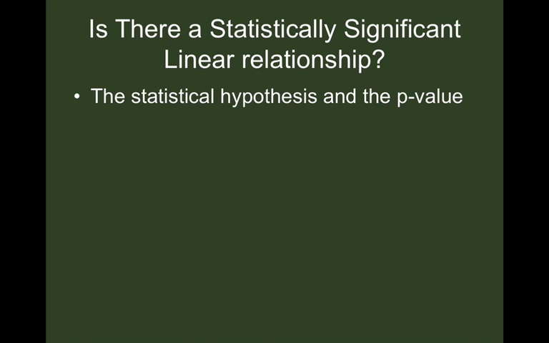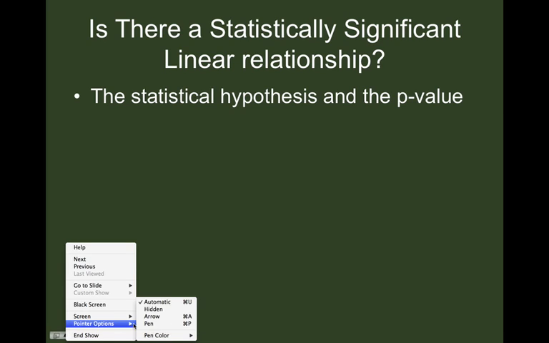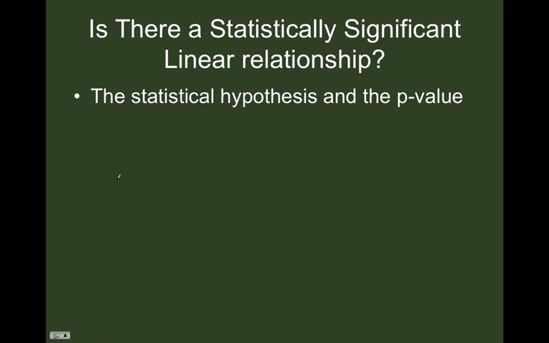So let's just review for a moment the idea of the statistical hypothesis when we're doing linear regression. Okay, so the null hypothesis is always going to be no linear relationship between the variables.